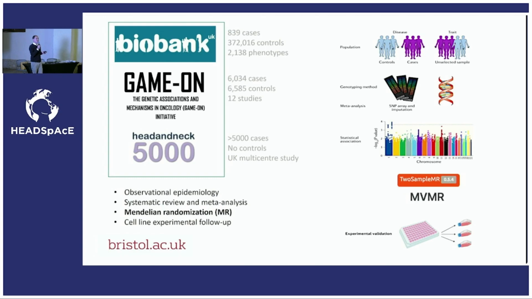We can perform statistical associations in order to identify SNPs or genetic variants which pass multiple correction and QC, and these will be statistically associated with a trait, for example, smoking, and we can use them as instruments in frameworks such as Mendelian randomization, which I'll talk about on the next slide. I also tried to follow up some of my findings using experimental assays where indicated.